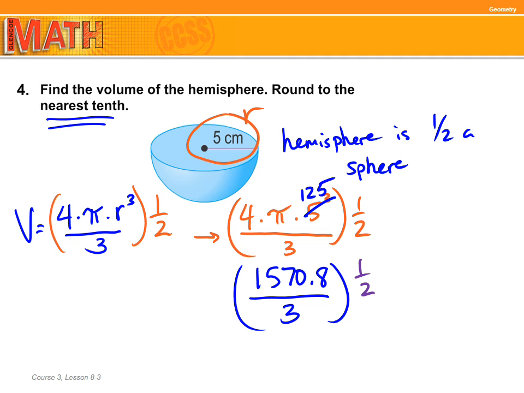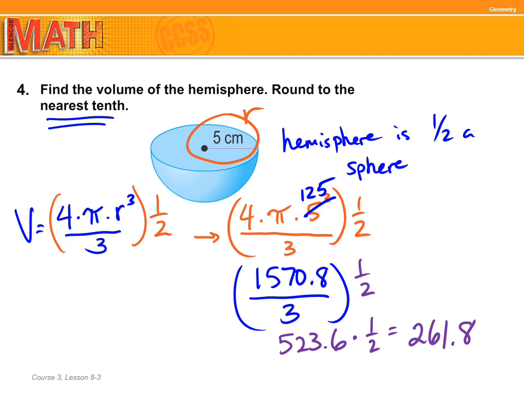So let's go back to the dividing by 3. 1570.8 divided by 3 is equal to 523.59, so I'll make it 523.6, times 1/2, or half of 523.6. So I'm going to divide by 2, and that's going to equal 261.79, rounded, 261.8.